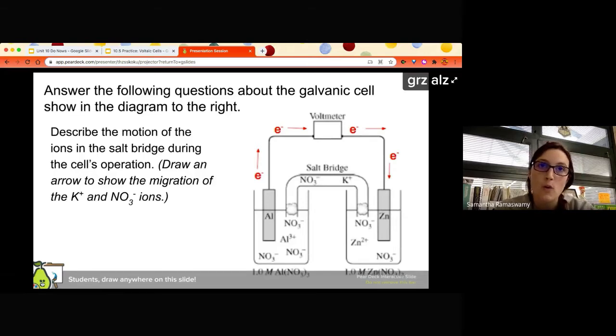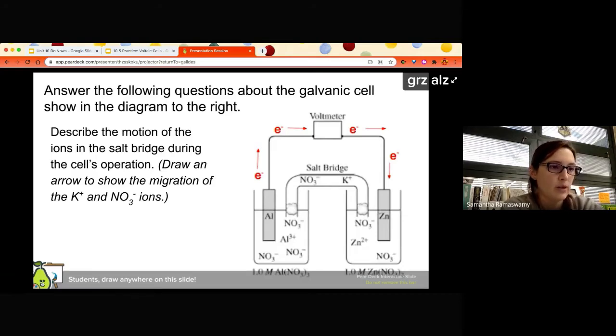Think about which way the ions from the salt bridge flow, because one of the ions should flow one way, one of the ions should flow the other way. Good.